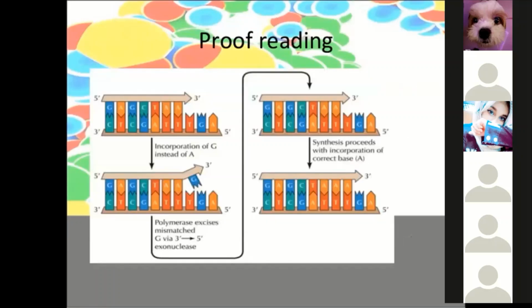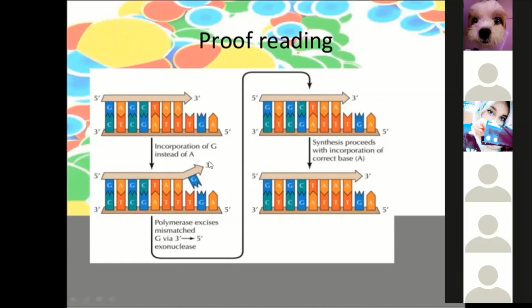So this is proofreading activity, incorporation of G in place of A. If such a thing happens, where here, in place of C, T requires A, so there is G here, the polymerase excises the mismatched G via 3' to 5' exonuclease.